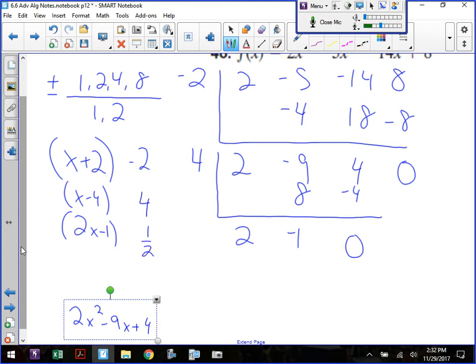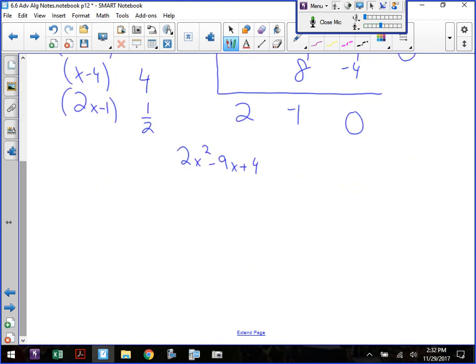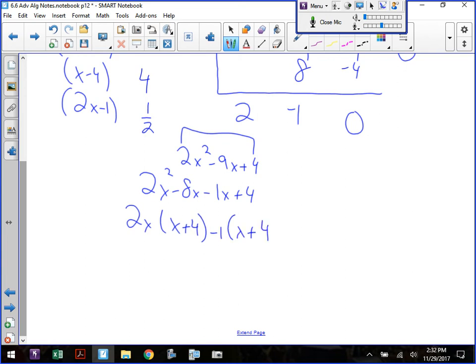So you could continue when you get to this point here, if you want, multiply them out, you're going to get 2x minus 2x squared minus 8x minus 1x plus 4. Plus or minus, sorry. And you'll still get the same result.